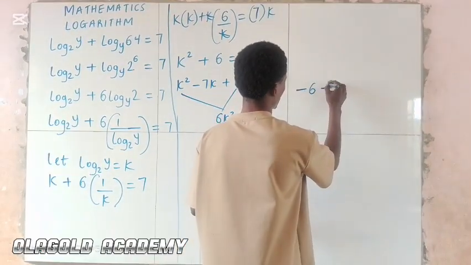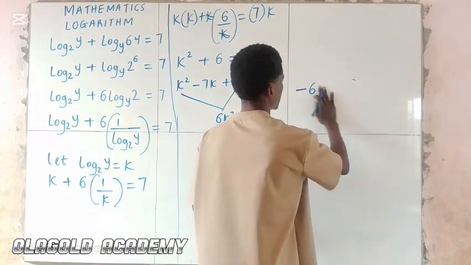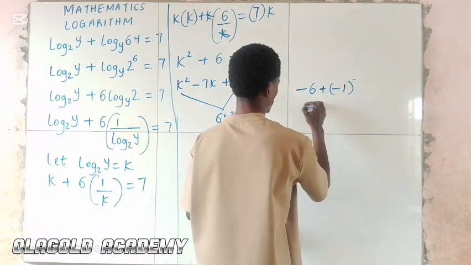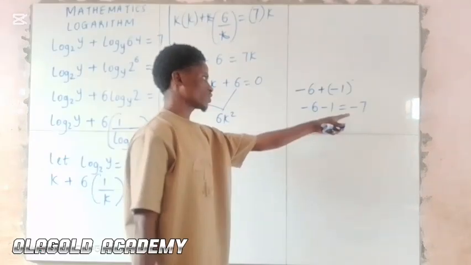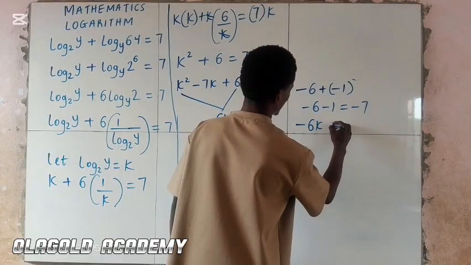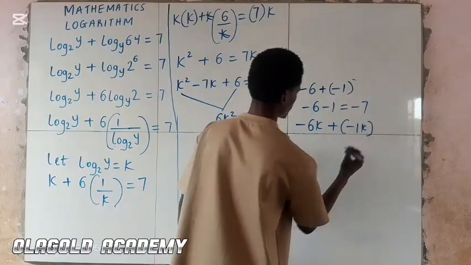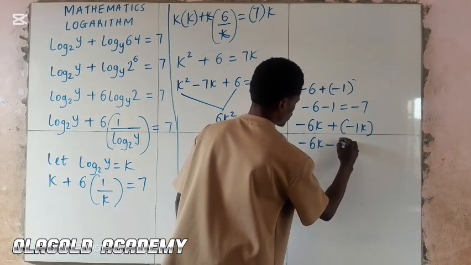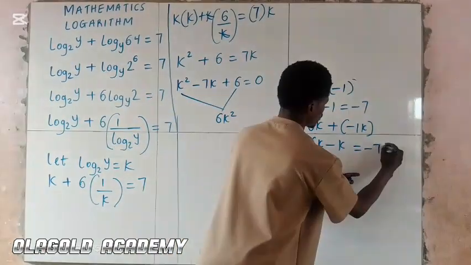Now, minus 6 plus minus 1 gives me minus 7. So if I have minus 6k plus minus 1k, I'm going to have minus 6k minus k, or 1k. So this will give me minus 7k.